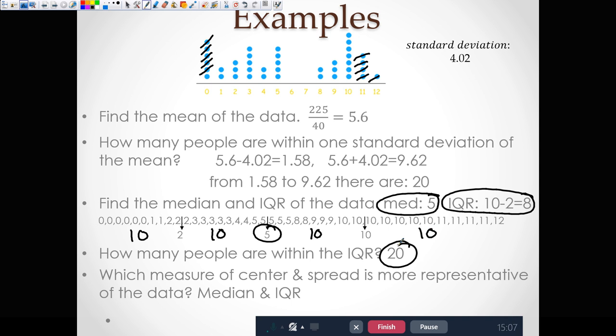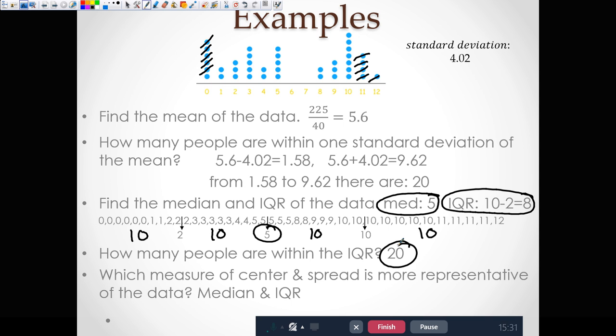And then, okay, we're going to talk more about what measure of center and spread is more representative of the data next week. But the median and the IQR are more representative because let's think about our mean. Our mean was 5.6.